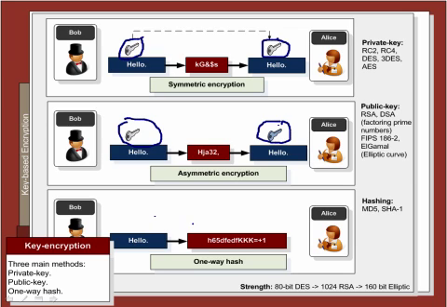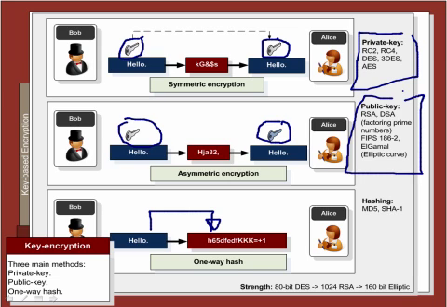And then there is a special encryption method called the one-way hashing, in which we can transform a message into what's defined as a hash message. The methods that we'll look at here for private key include RC2, RC4, DES, 3DES and AES. For public key, we'll look at RSA. For hashing, the two main methods are MD5 and SHA-1.